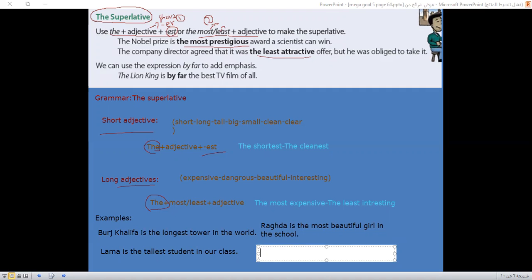Say it again. Leopard, okay, is the fastest animal. Is the fastest. Very good. This animal. Minute. Let me check something.